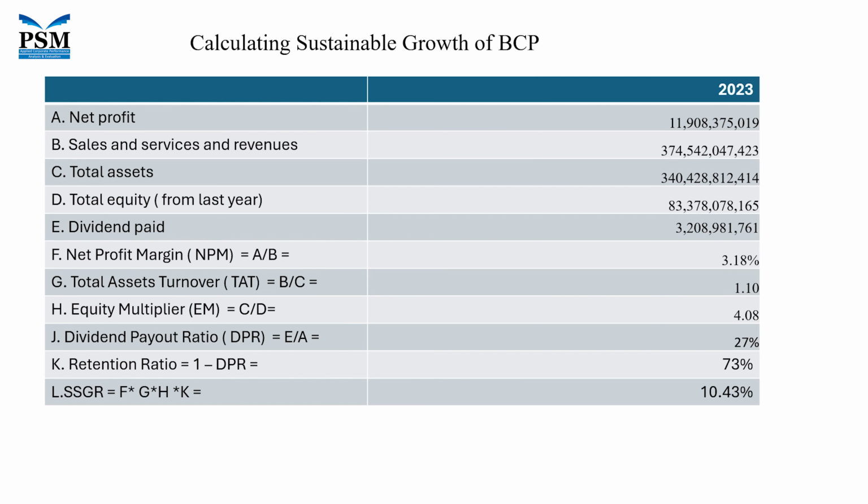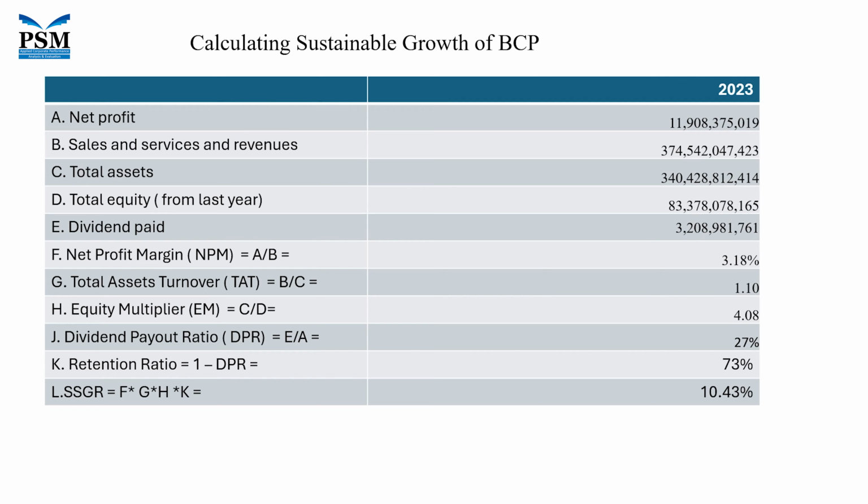We have to have 4 ratios. The product of these 4 ratios will give us the SSGR, but to have the 4 ratios, we must compile the data from the financial statements. The first figure we need is the net profit, 11.9 billion. The net profit is taken from the income statement.